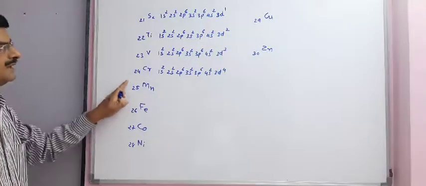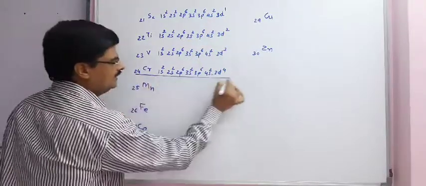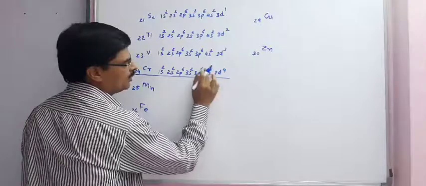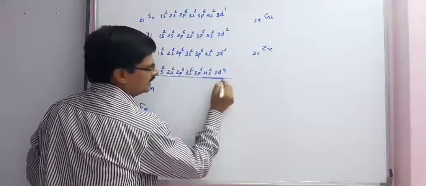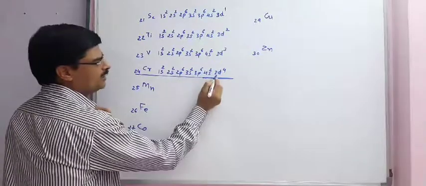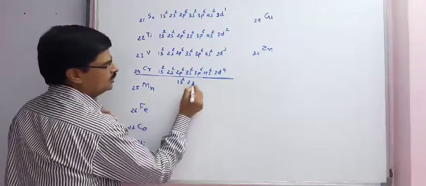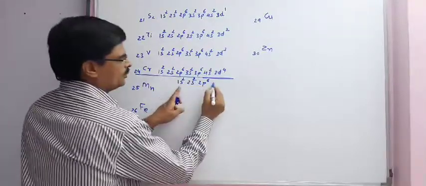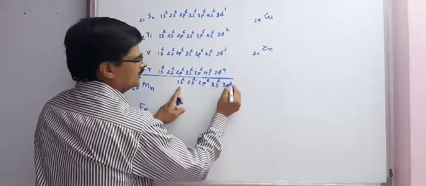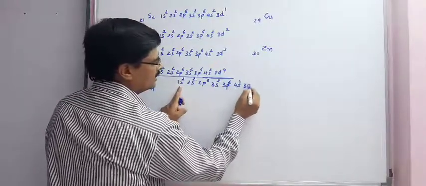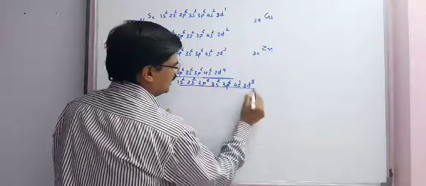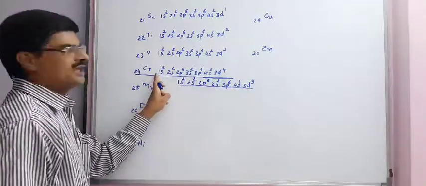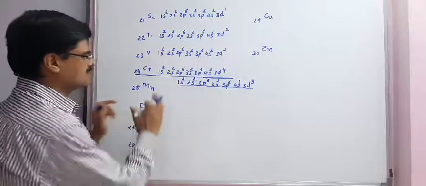Now after this we have to understand that for chromium, this is the real electronic configuration, but actually we can write electronic configuration of chromium to be 1s2, 2s2, 2p6, 3s2, 3p6, 4s1 and 3d5. Again I would say that this is the actual electronic configuration. Expected was this one, but actual configuration is this one.